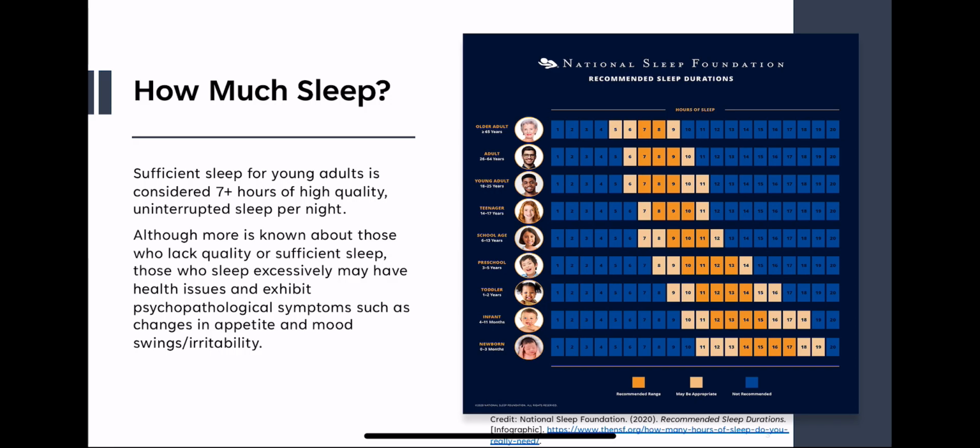I see this happening with college students whenever they're staying up pulling all-nighters, trying to cram for a test, or just making sure that those assignments that are due at midnight are in at midnight. And then sometimes we have to get up early for our class or work, and our sleep's not as great. So you do see symptoms such as the change in appetite or the mood swings and irritability.